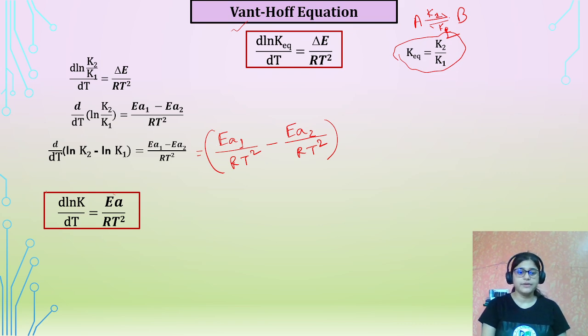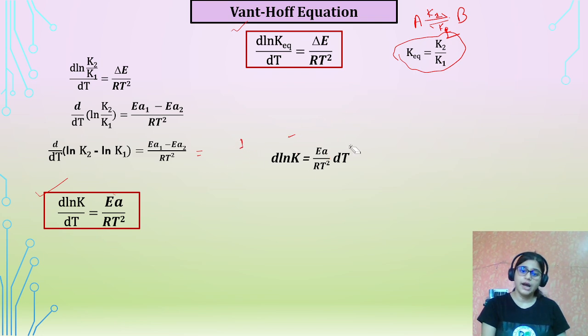So overall we can write after comparison that d ln k by dt will be ea by rt square. Fine. Ea is here activation energy. So this is one form of Arrhenius equation.